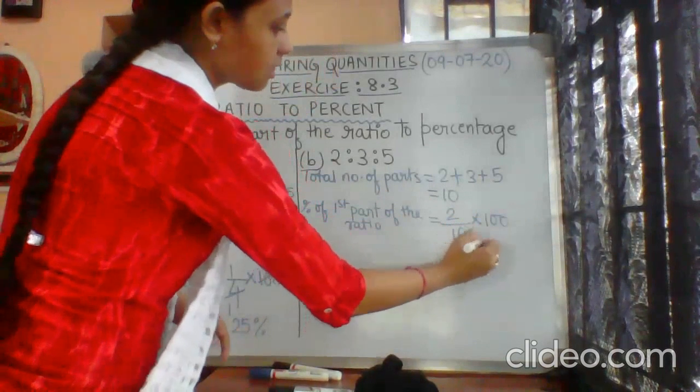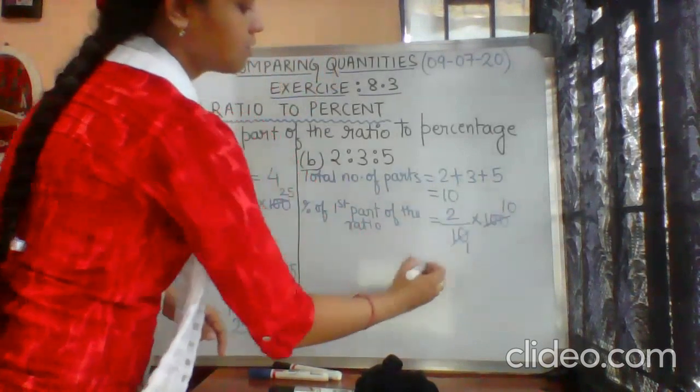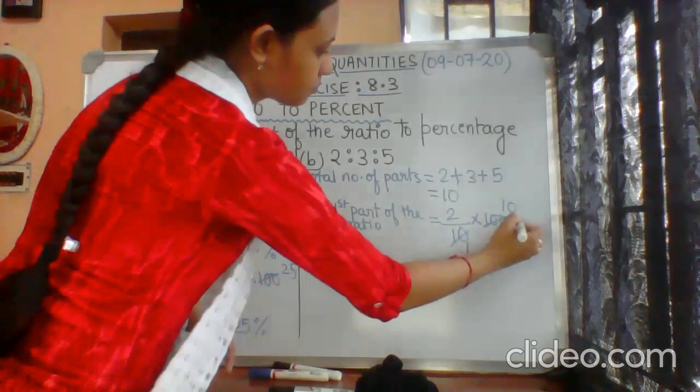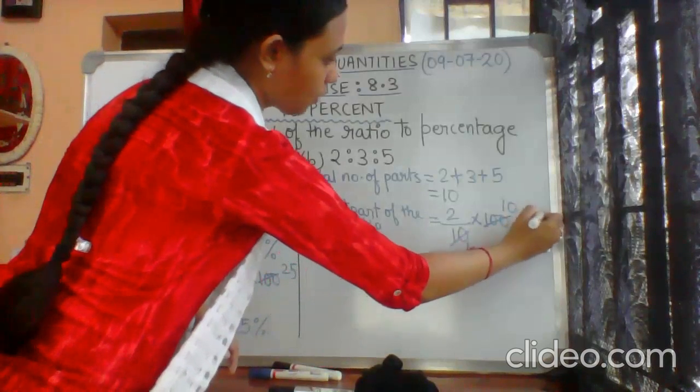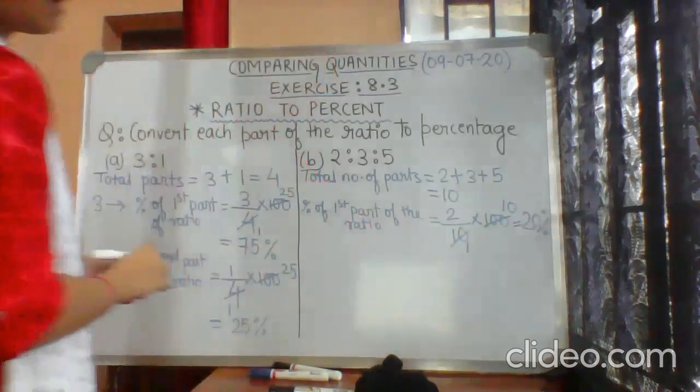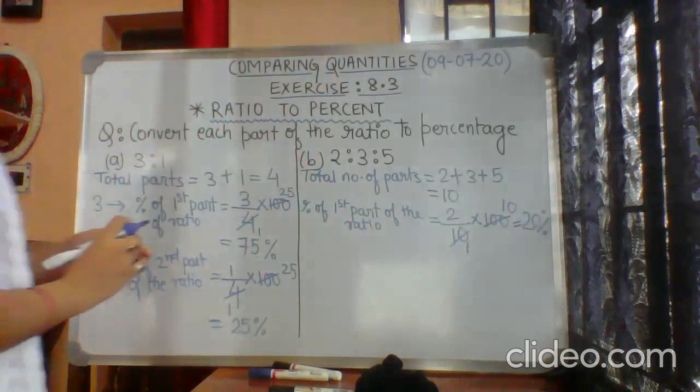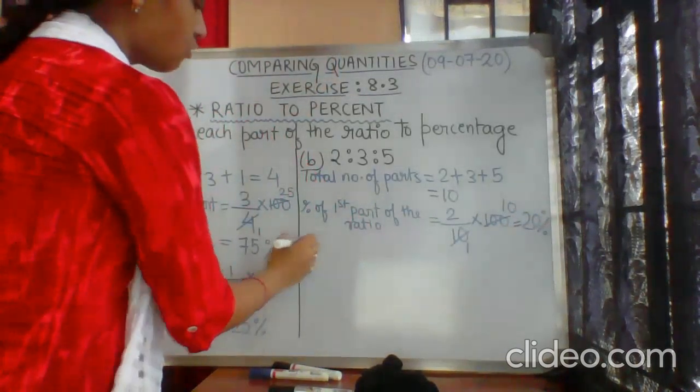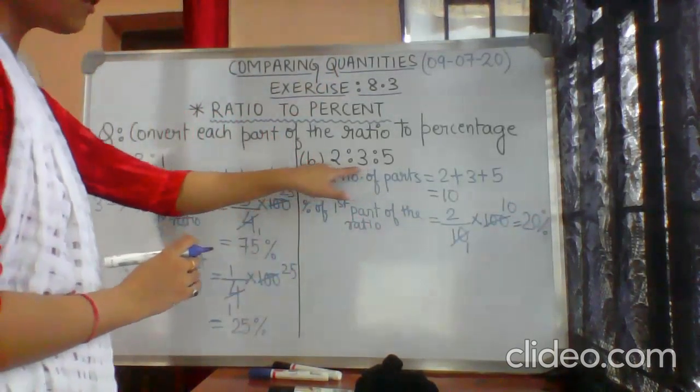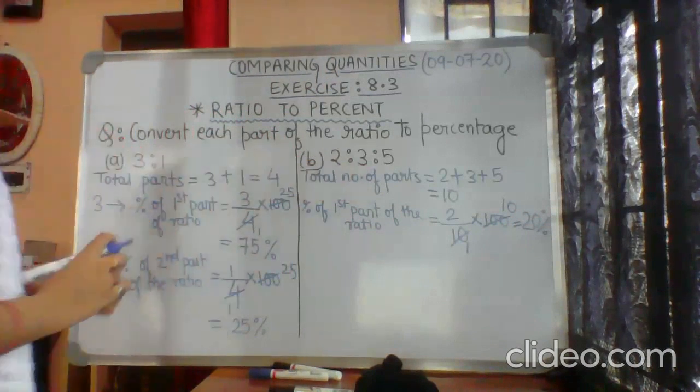So 10 ones are 10, 10 tens are 100, it will come 20%. Okay.